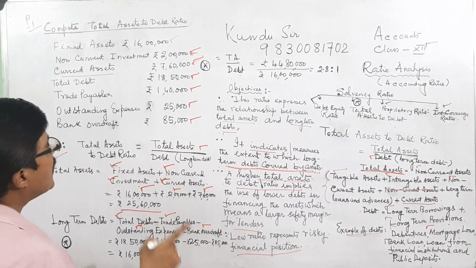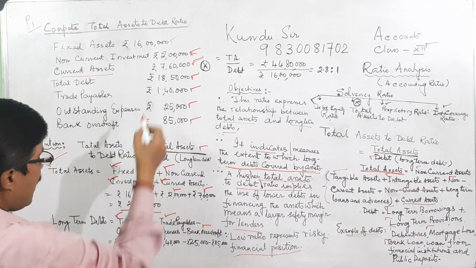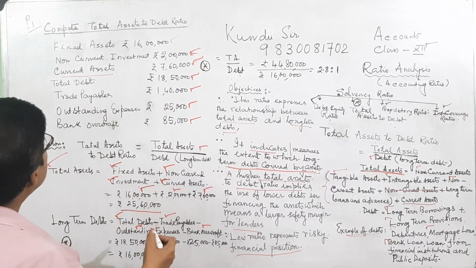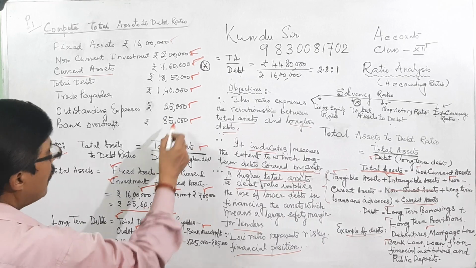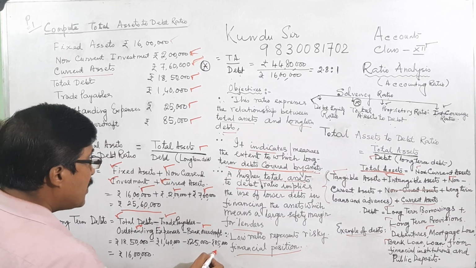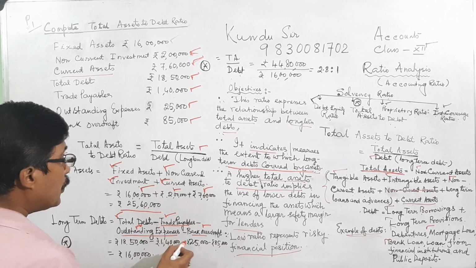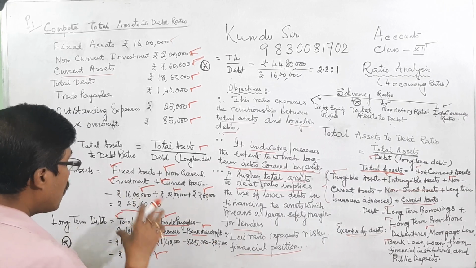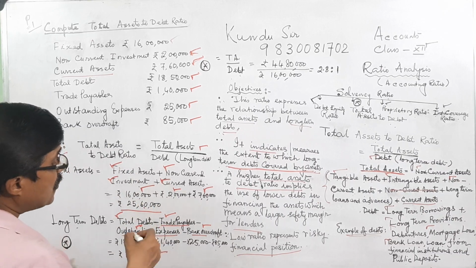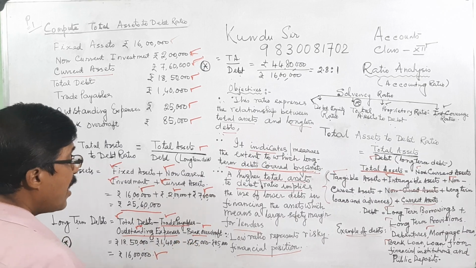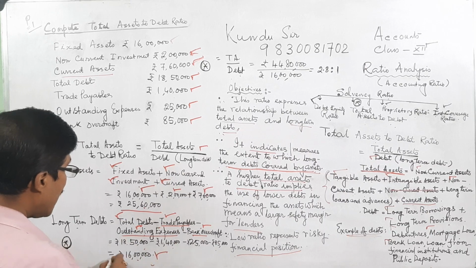I have already told you bank loan is a long-term liability, but bank overdraft is a current liability. So the total debt is 18,50,000, from which we deduct trade payables of 1,40,000, outstanding expenses due but not paid, and bank overdraft of 85,000, which is a current liability. If we deduct these three items from the total debt, we get the long-term debt.